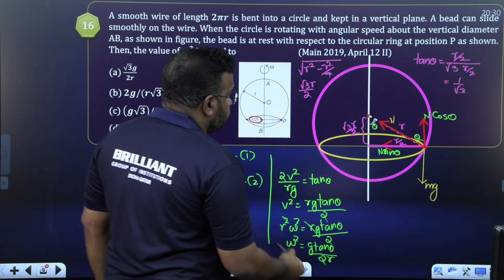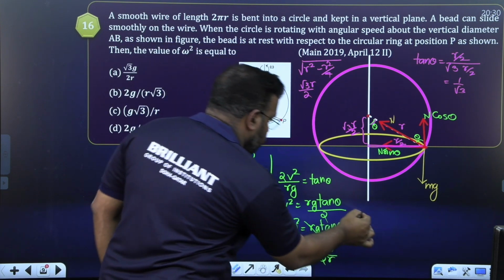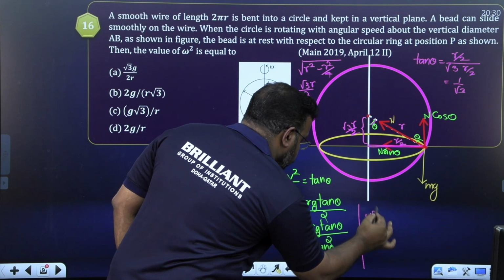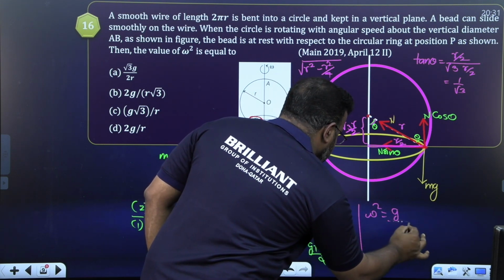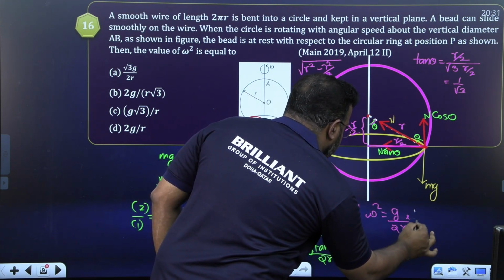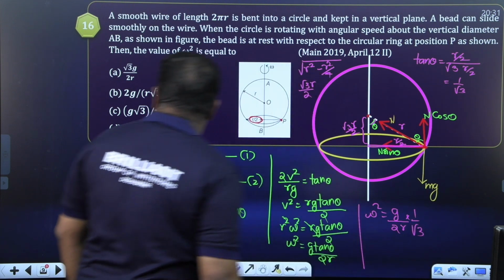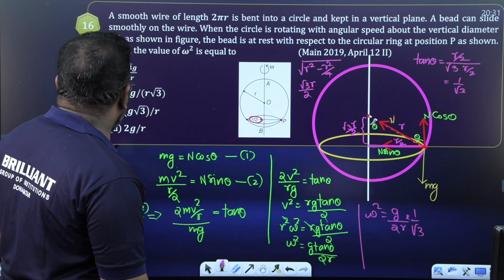So substitute here. So we get omega square is equal to G by 2r into what? 1 by root 3. Is it there?